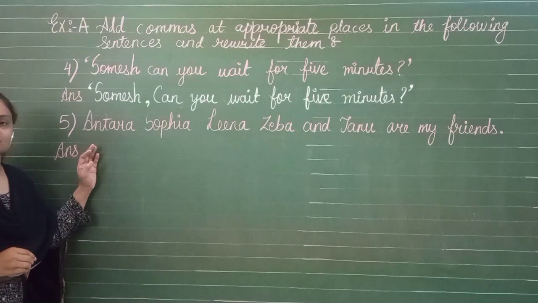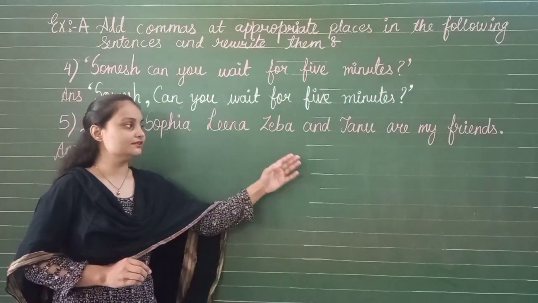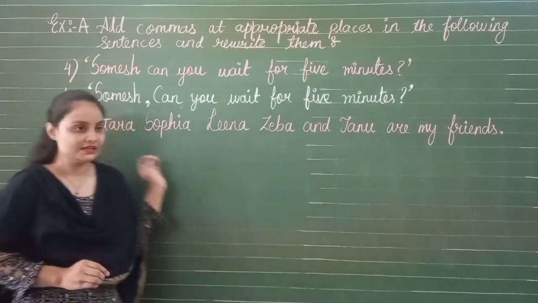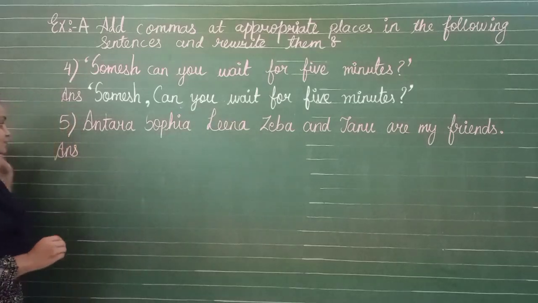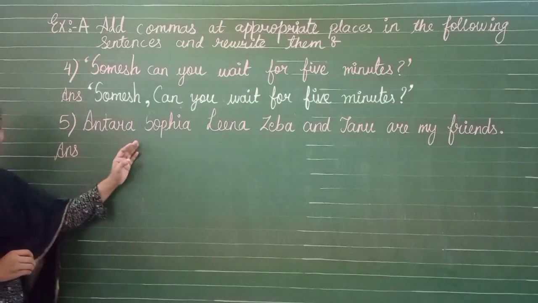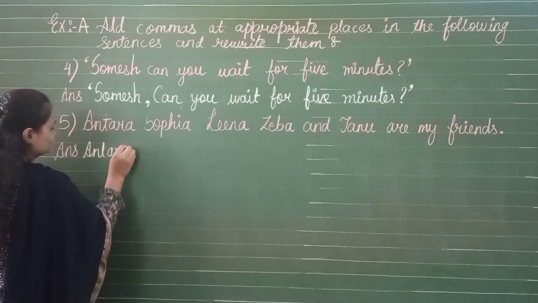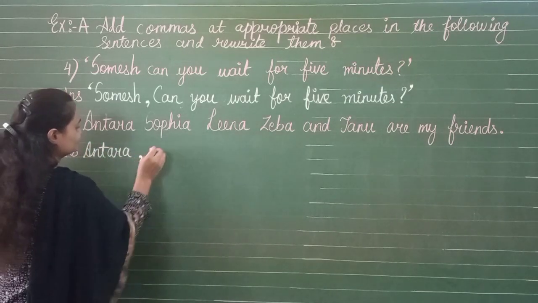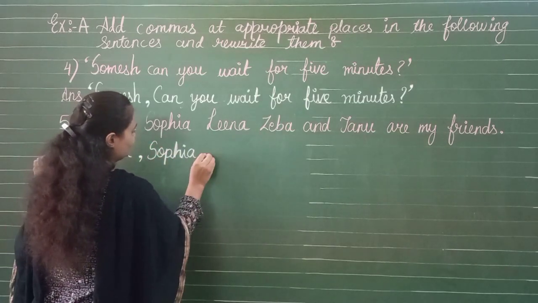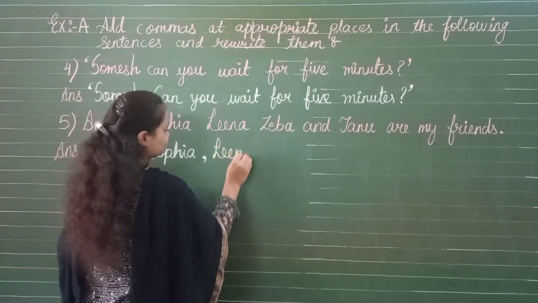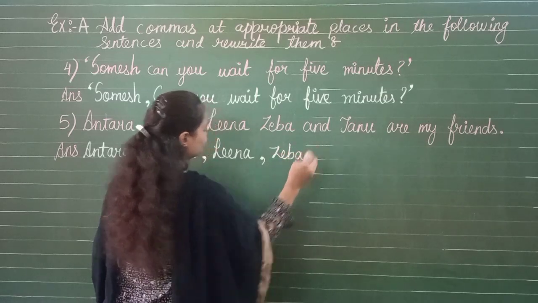Next is Andra, Sophia, Lina, Zeba and Tanu are my friends. Here you can see the list of names, right? So what do we have to add between the names? Comma. So Andra, comma, Sophia, comma, Lina, comma, Zeba.